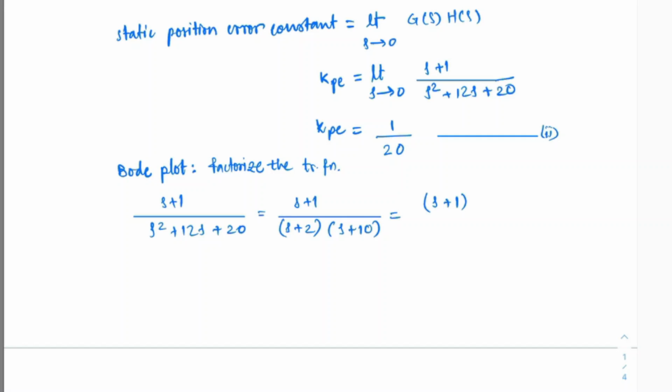Let us write it in the familiar form where the factors can be utilized. I'm taking 20 common, so that I can write s over 2 plus 1, since 2 comes common from here, and s over 10 plus 1. We can utilize this when drawing the Bode plot of individual components, after which we can draw the combined Bode plot.